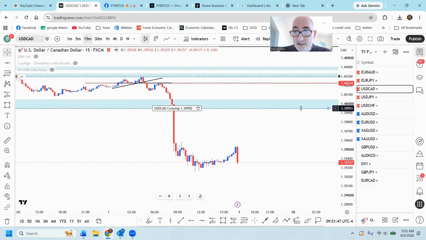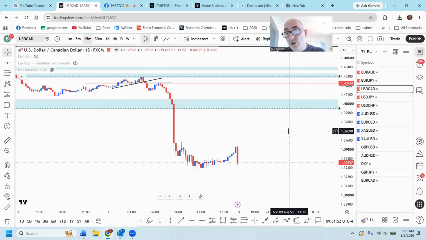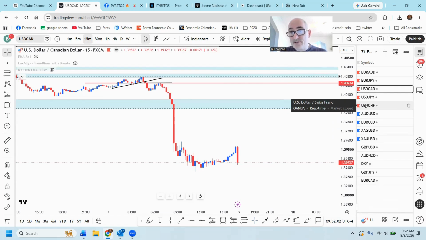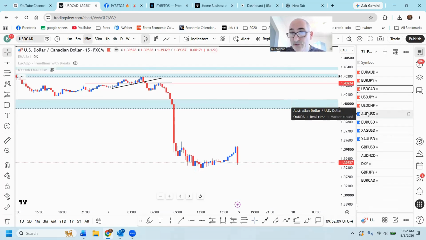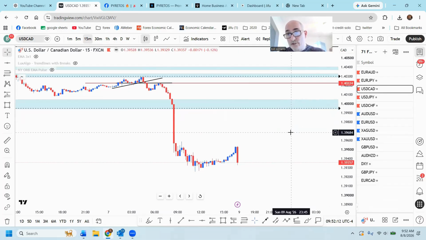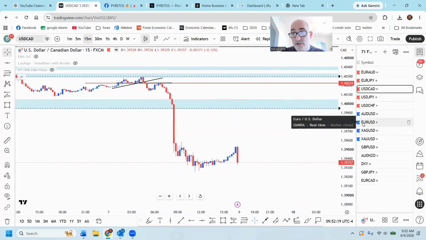1.39950 in USD CAD. So you could see here that the USD, the dollar forex pairs, these ones here, are bearish because the DXY, the dollar index, is bearish. And when we get to these pairs down below, the opposite pairs, the EUR USD and the AUD USD, they're going to be bullish, because that denotes that the strength is in the Australian dollar or the euro, and that it's stronger than the dollar is.